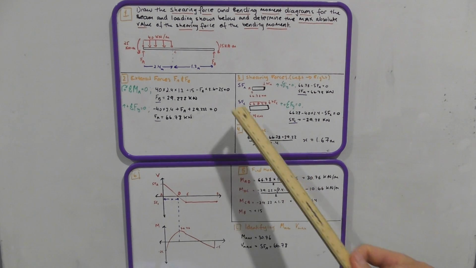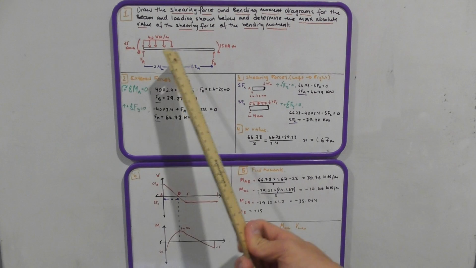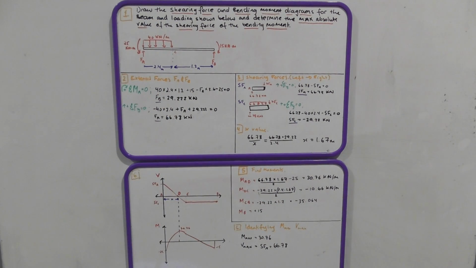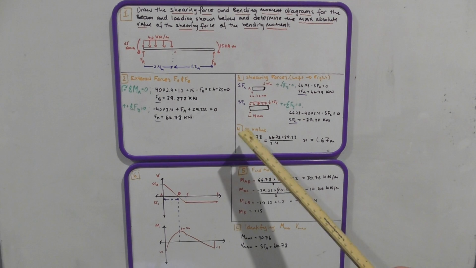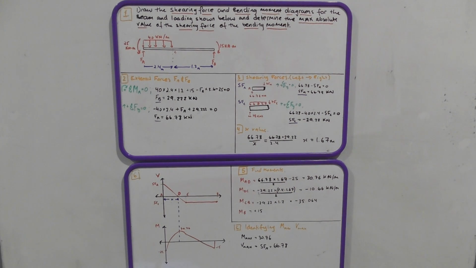Then, since we calculated all the shearing forces and we have a distributed load here, you will see in this image we have the shearing force diagram. And the distributed load will cross the axis. So we need to figure out, at 4, the x value. And all we're doing here is balancing triangles. So we have the shearing force at A, which we found to be 66.78.